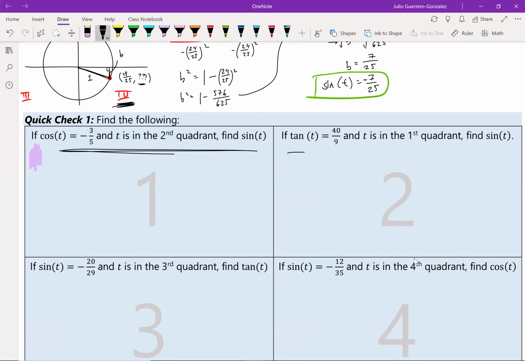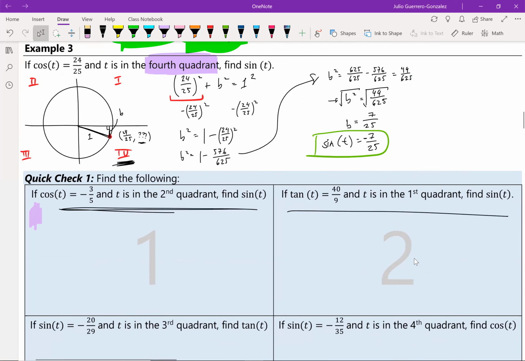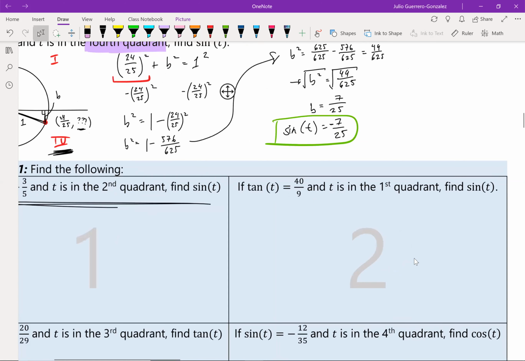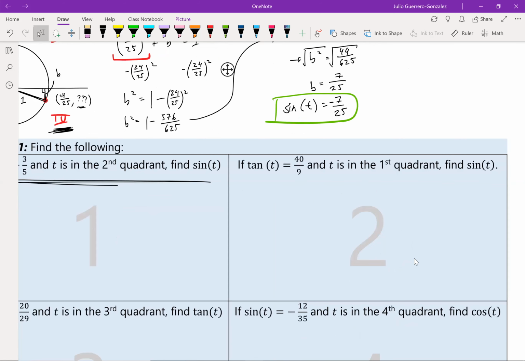Let me do number two the same way that I did example 3 from above it, okay? So we know tangent of t is 40 over 9, and it's in the first quadrant. Actually, no, I'm going to show you guys how to do this. This is going to be the second way. Then I'm going to show you guys how to do it.